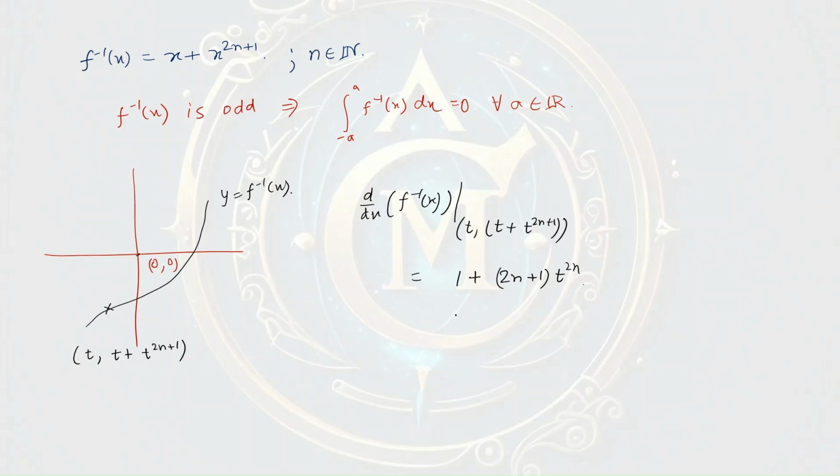And we will be able to verify whether the tangents can be drawn from the origin to this function or not if we equate this slope of this tangent to the slope of the line joining origin and this point. So we get t plus t to the power 2n plus 1 divided by t is equal to 1 plus 2n plus 1 times t to the power 2n.